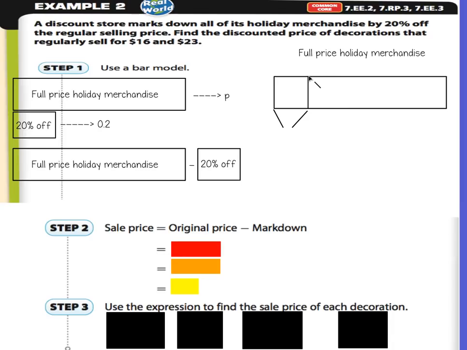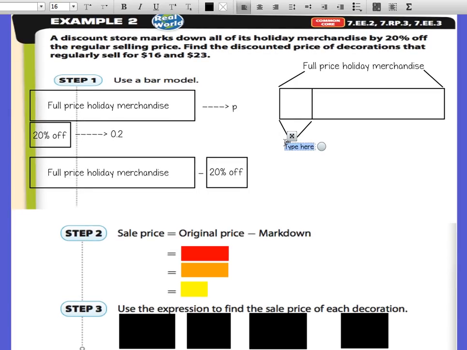And then this chunk right here, so this whole thing from here all the way to here is the full price. And then this little chunk right here is 20% of the full price.